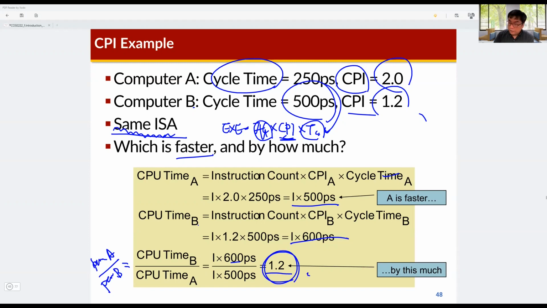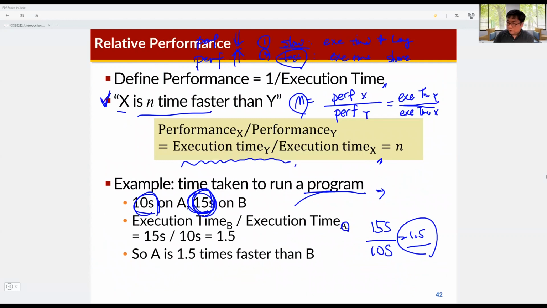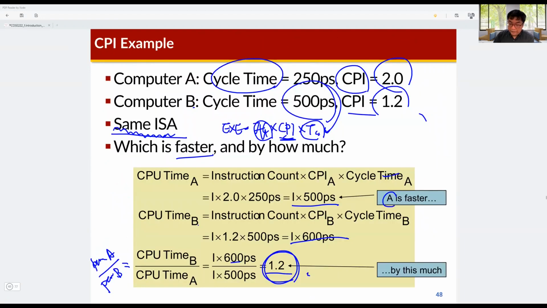So that means, as we learned in this slide, A is 1.2 times faster than B. You need to say it like this.